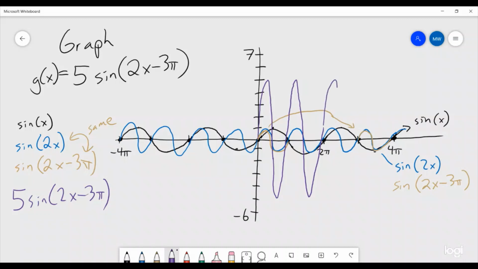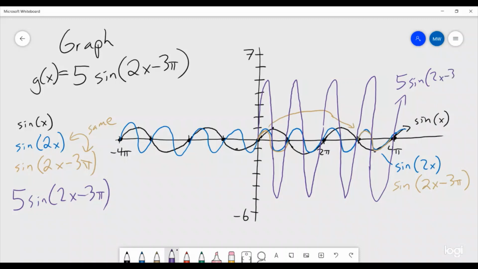It's just a really steep, really frequent curve. And so that is going to be our 5 sine of 2x minus 3 pi. And then, of course, it would go backwards in the other direction as well. But that's how we would be able to go about graphing this sort of thing.